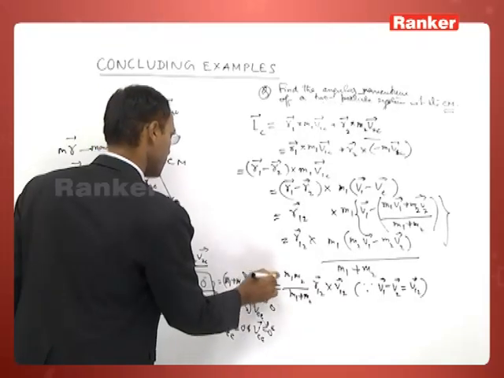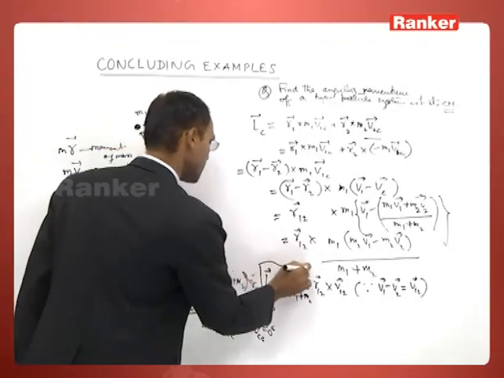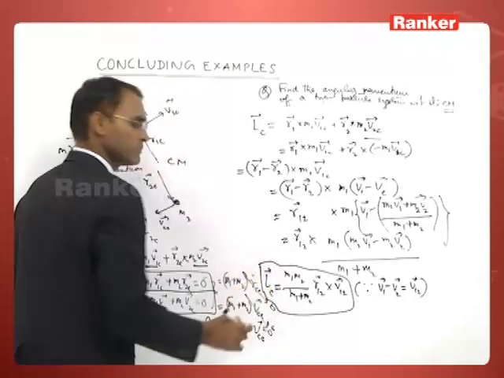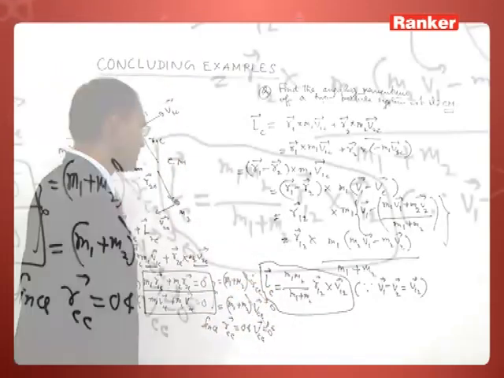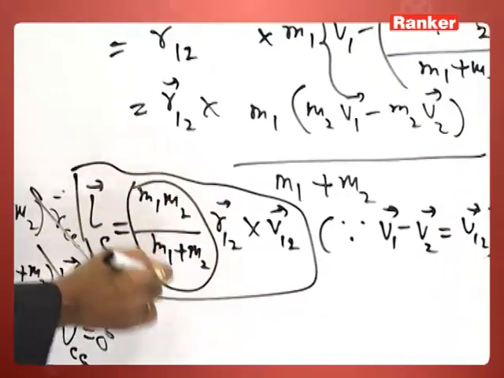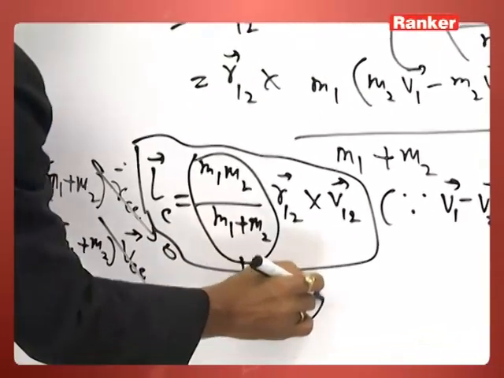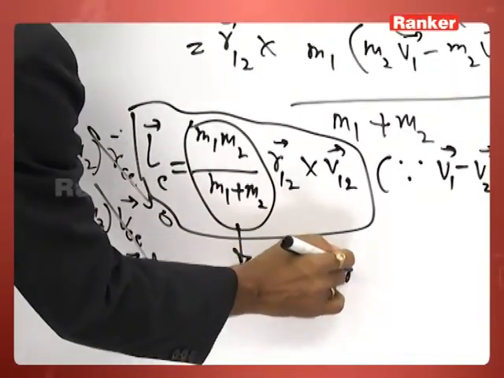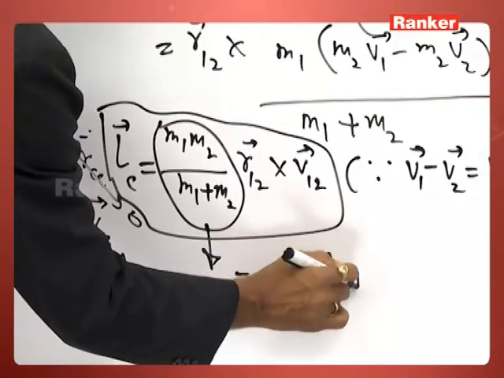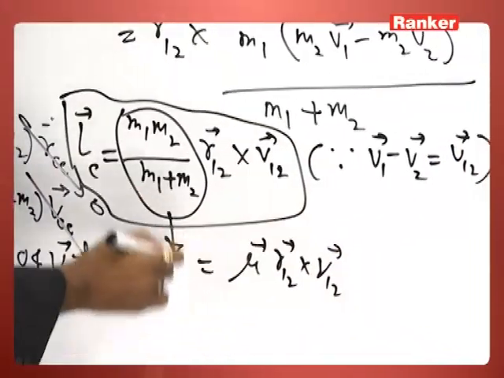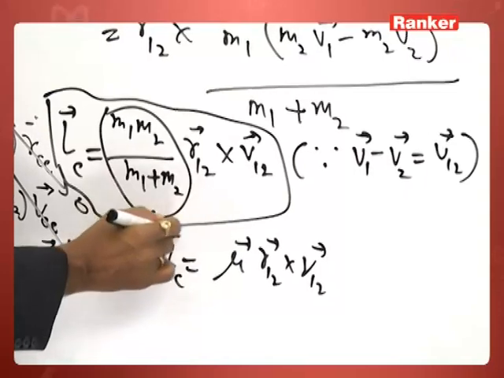So, this is the angular momentum of the system with respect to the center of mass. Sometimes we call it reduced mass, mu, r12 cross v12, LC.